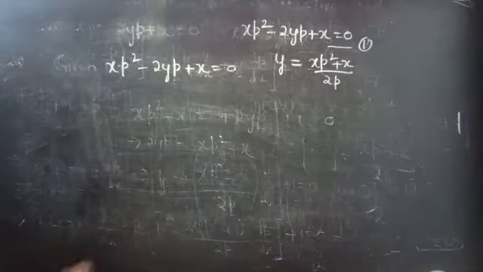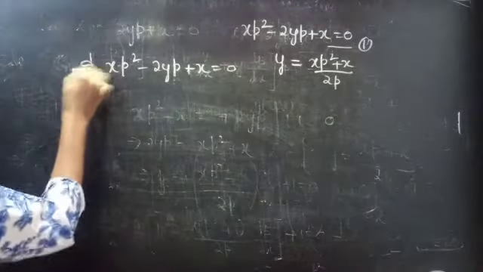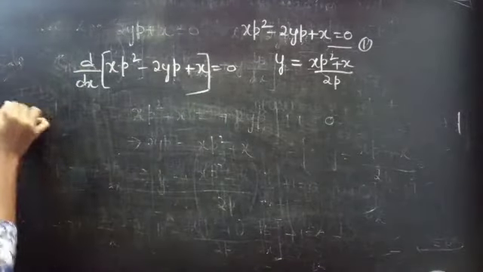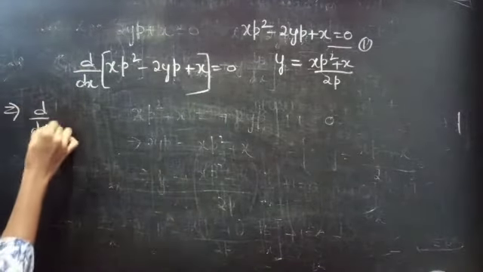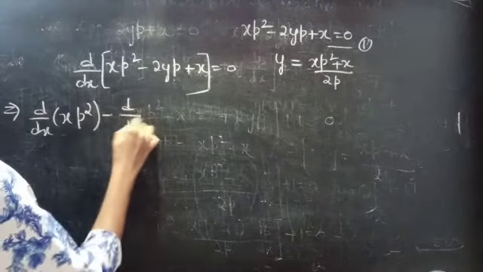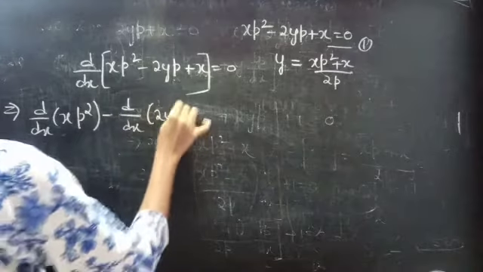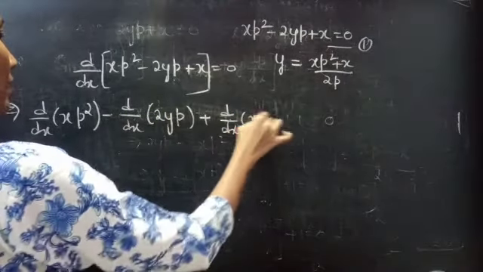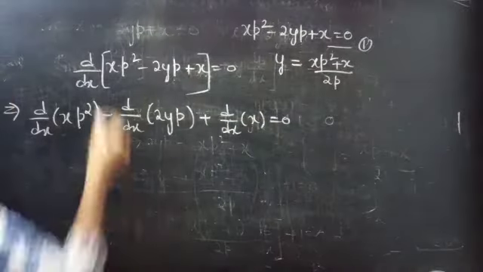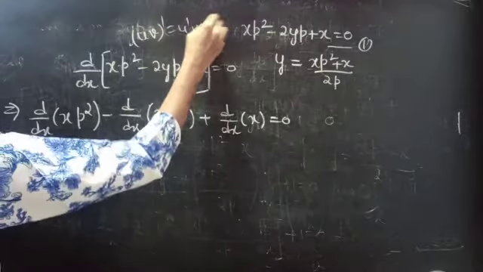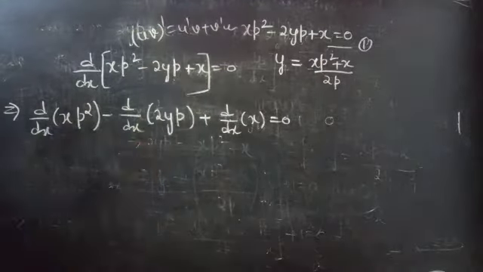Now differentiate the given differential equation with respect to x. Then d by dx of xp square minus d by dx of 2yp plus d by dx of x equals 0. We know that (uv) dash equals u dash v plus v dash u.